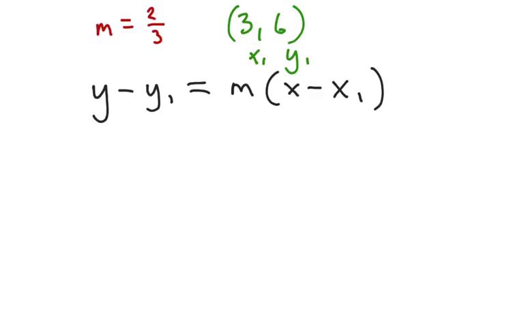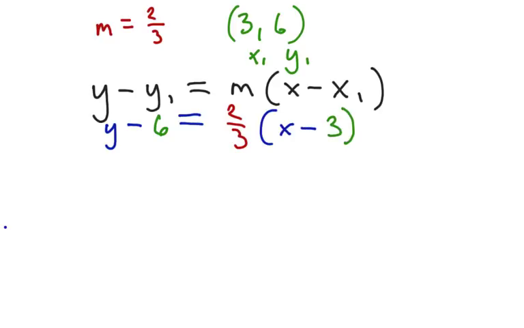And you'll get really familiar with this. So now I'm going to substitute in what I know, and I end up with y minus, and my y1 is 6, equals, my slope is 2/3, (x minus x1), which is 3.